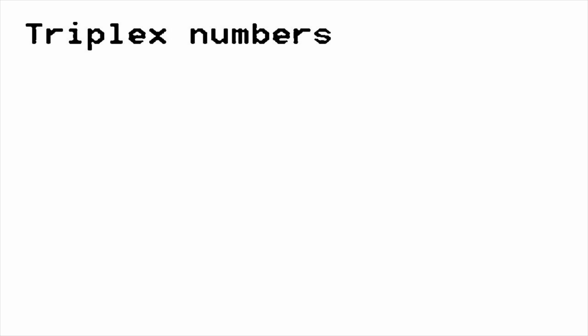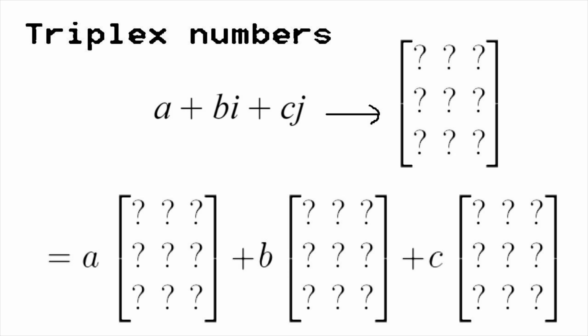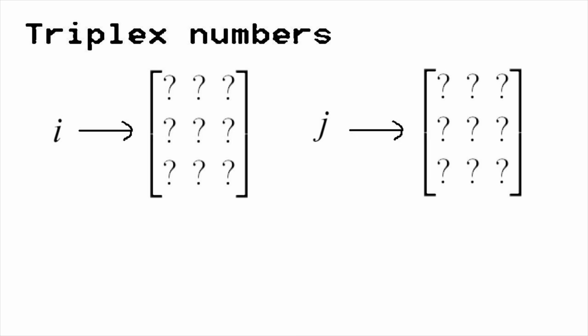Now, what would a matrix representation of the triplex numbers look like? Well, we have 3 components now instead of just 2, so we'll be looking for a 3x3 matrix. Like the previous 2, it should divide up into component matrices that behave like the 3 components of any triplex number, with the first component being the identity matrix. So how do we represent i and j?